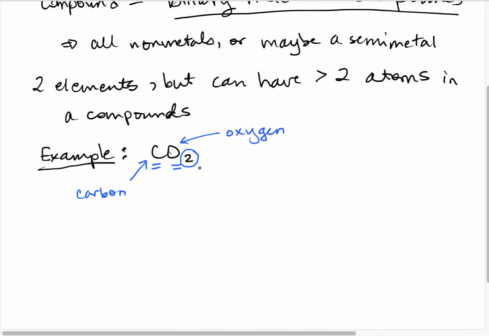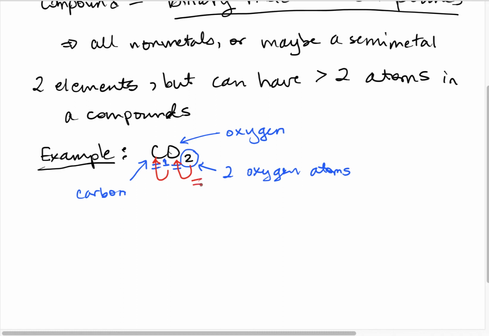And the 2 here means that there are 2 oxygen atoms. And although there isn't a 1 right here, because we never put in if there's just a 1, that is the implicit understanding that we have. So we have 1 carbon atom and we have 2 oxygen atoms.